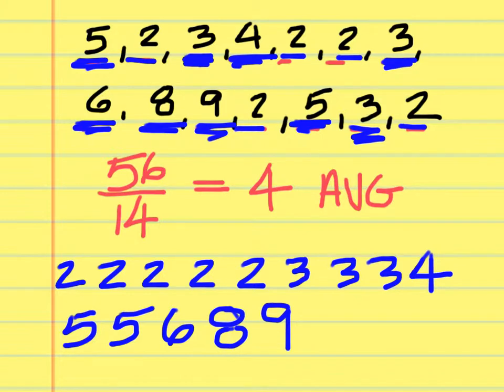Once I have them all in order, what do I do next? What is the median? The middle number. So if I need to find the middle number, what do I have to find first?